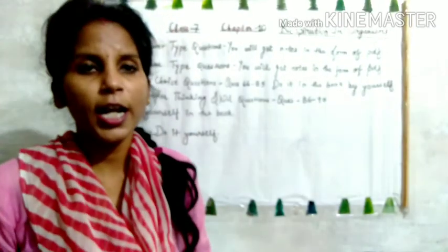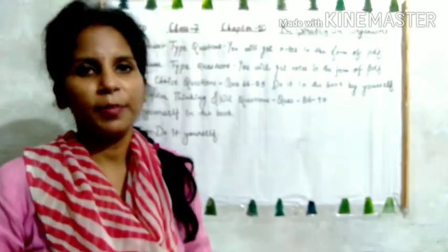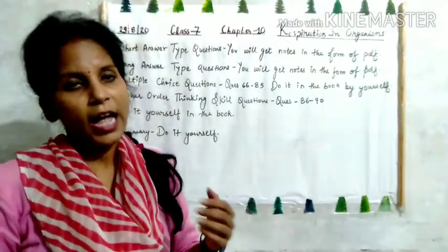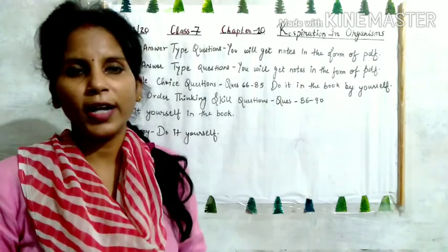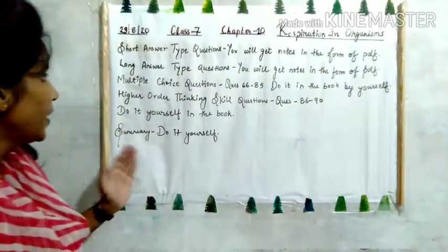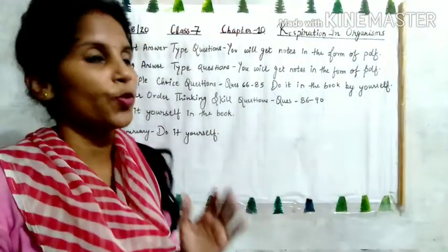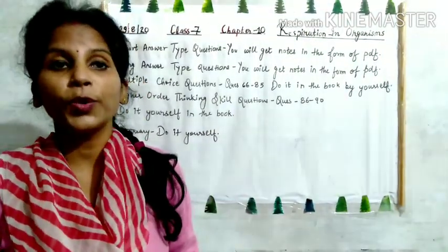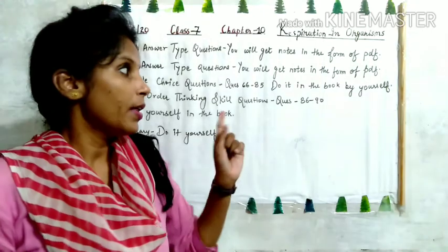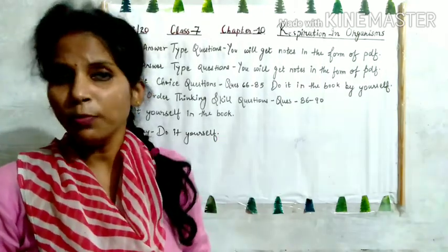You do not have to do it by yourself, you will get notes in the form of PDF in your group. Then long answer type questions also I will be providing notes that you have to write in your fair copy. Then multiple choice questions, that is from question number 66 to 85, you have to do it by yourself and you have to do it in the book itself.